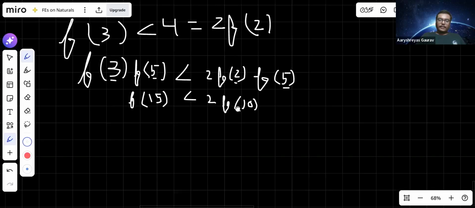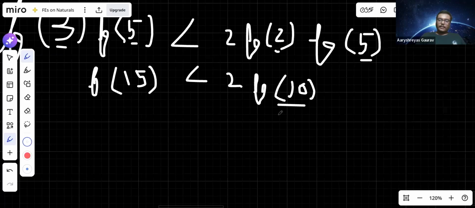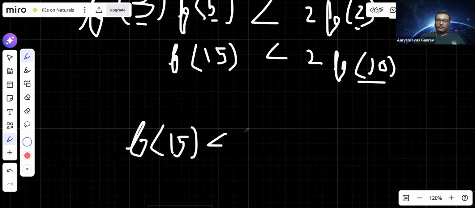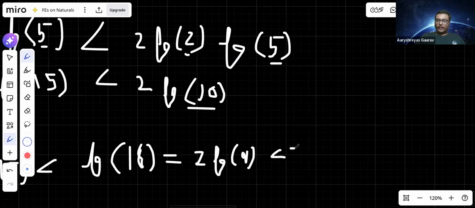Well, the interesting fact here is that f of 10 is greater than f of 9. And why I'm saying this is, see, we know that f of 15 is less than f of 18 because of third condition, and f of 18 is 2 times f of 9, and f of 9 is less than f of 10. And we are done.